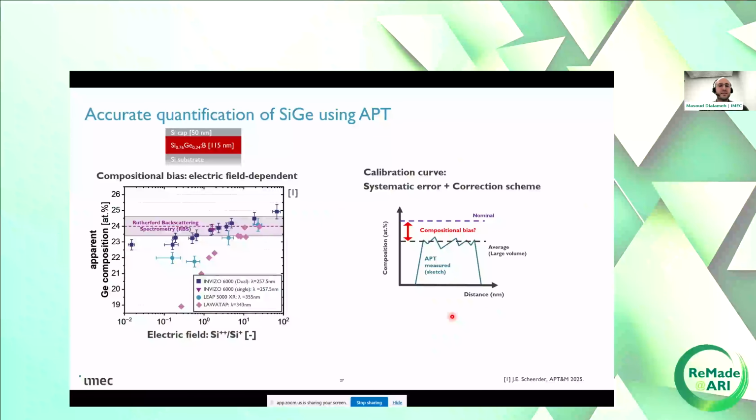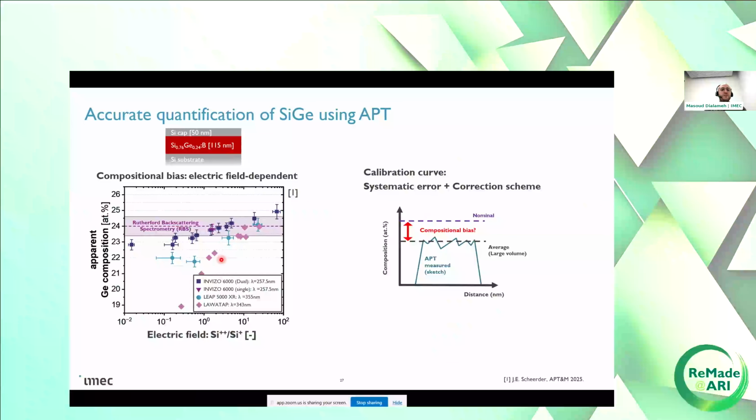We have carefully investigated both aspects, starting from accurate quantification of silicon germanium, so compositional analysis. We started from a thicker silicon germanium layer. We did quite a lot of atom probe investigation, trying to understand the accuracy of compositional analysis of silicon germanium.